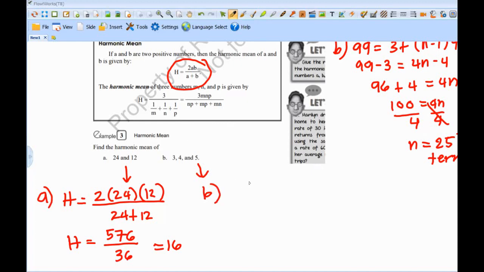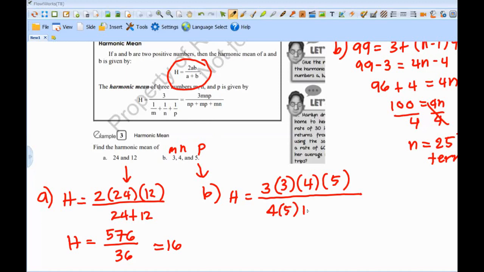Letter B, we have this formula, 3MNP over NP plus MP plus MN. So we have 3 times 3 times 4 times 5, then you have to get the product of NP, so 4 times 5, plus MP, so 3 times 5, plus MN, 3 times 4.